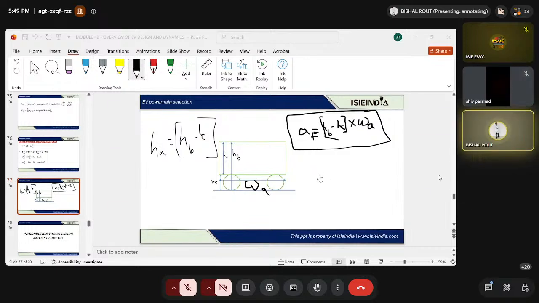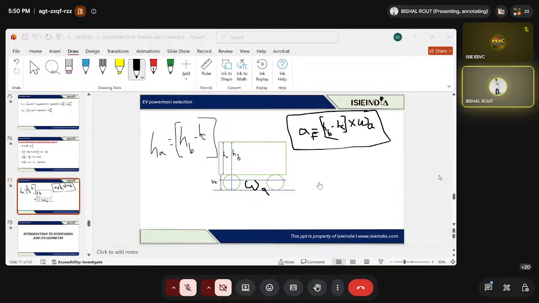If you give 53.89, then torque is 30. If you give 62.22, then torque is 40. If you give 69.57, then torque is 50, right? I will have to do this.